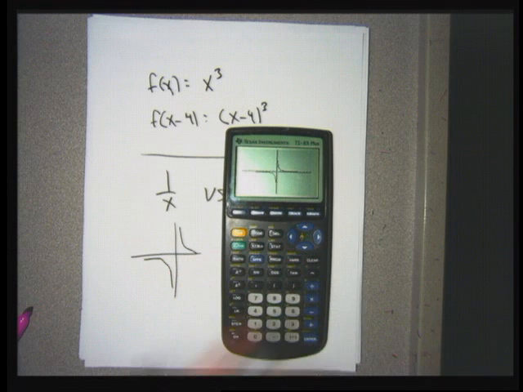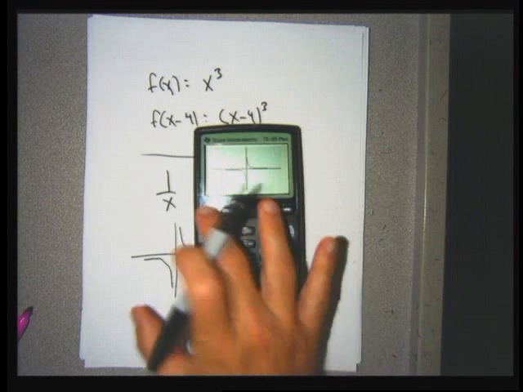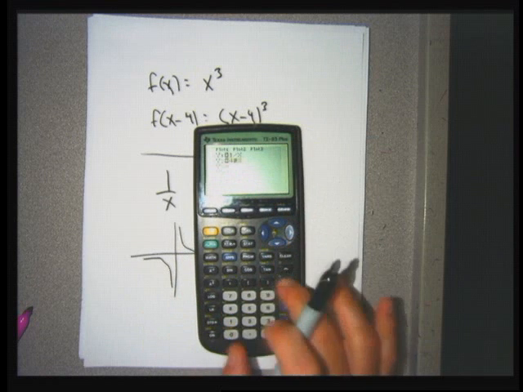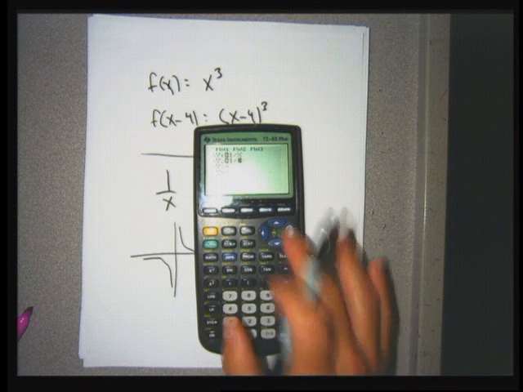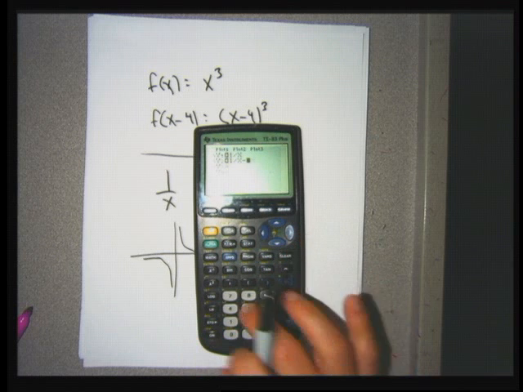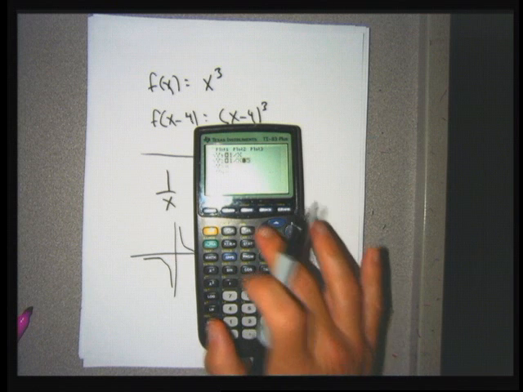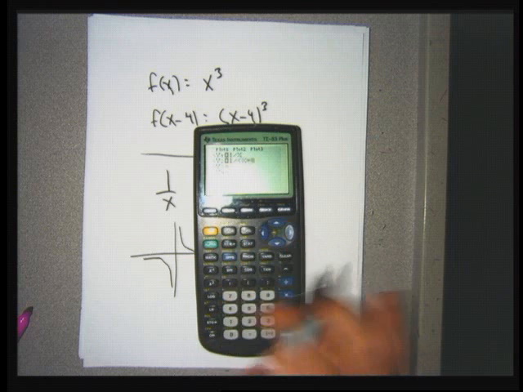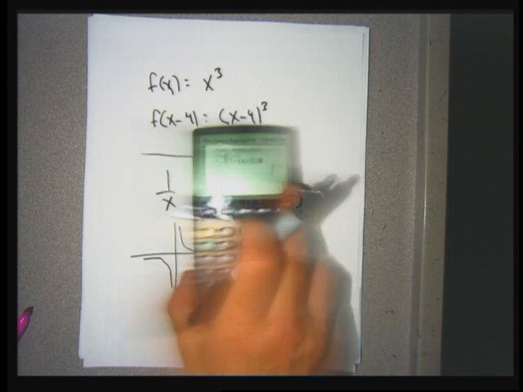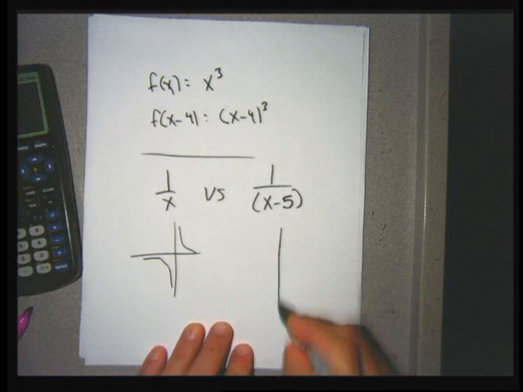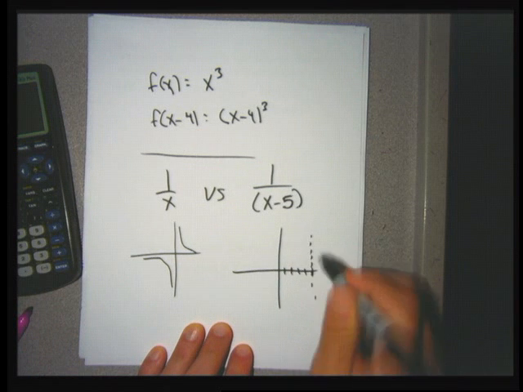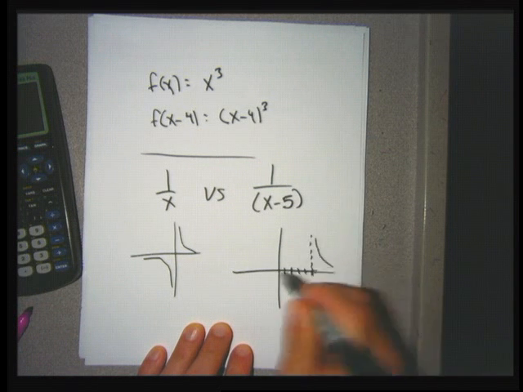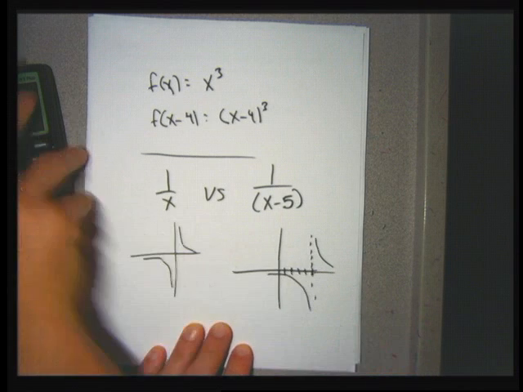And if I compare that to 1 over x minus 5, I'm going to get exactly the same graph. It's a rigid transformation. And it's going to be moved over like this. It's going to look like that when I graph it.